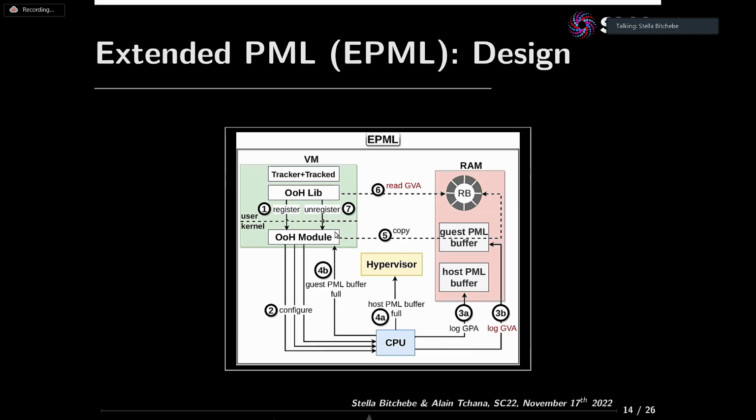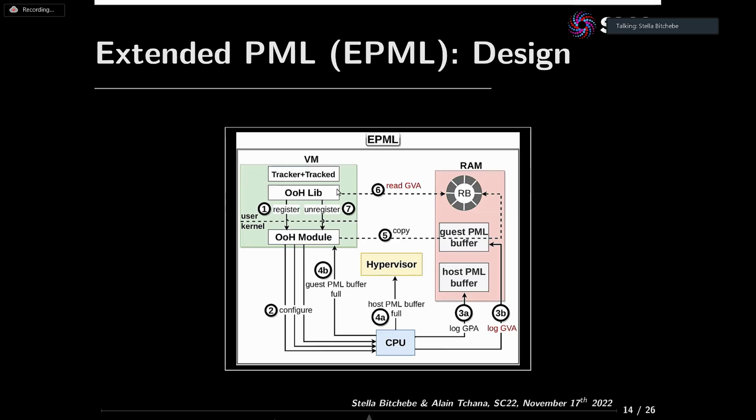So since the guest now has access to this memory, it can copy the content to the ring buffer, and the tracker only has to read this ring buffer, which already contains virtual addresses. So the tracker will no longer need the reverse mapping.